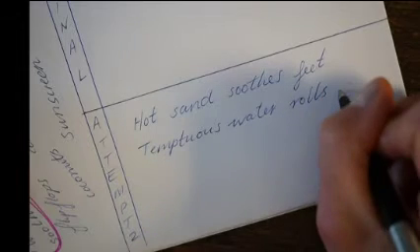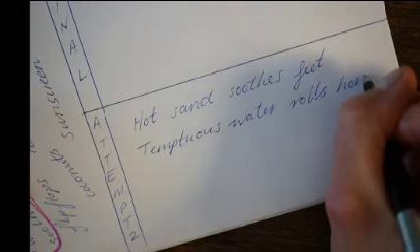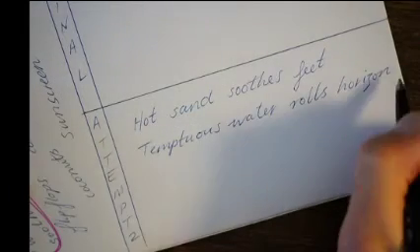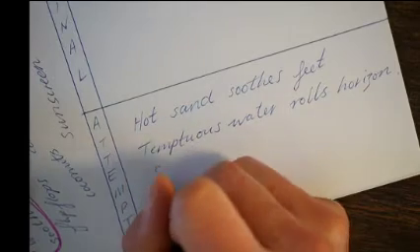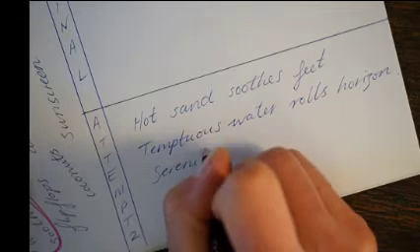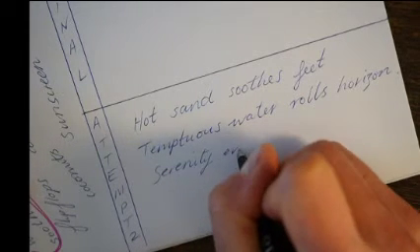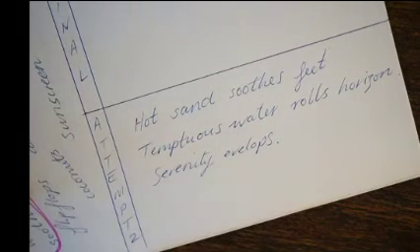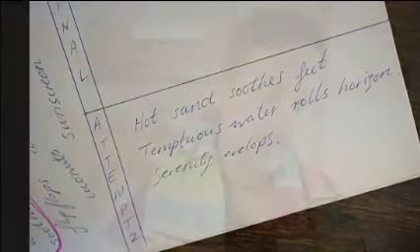This one doesn't quite make sense because we've got rolls horizon. And then our last one says serenity envelops. Alright, so now we can go and have a look how many syllables we've got. And I'm going to edit that some more.